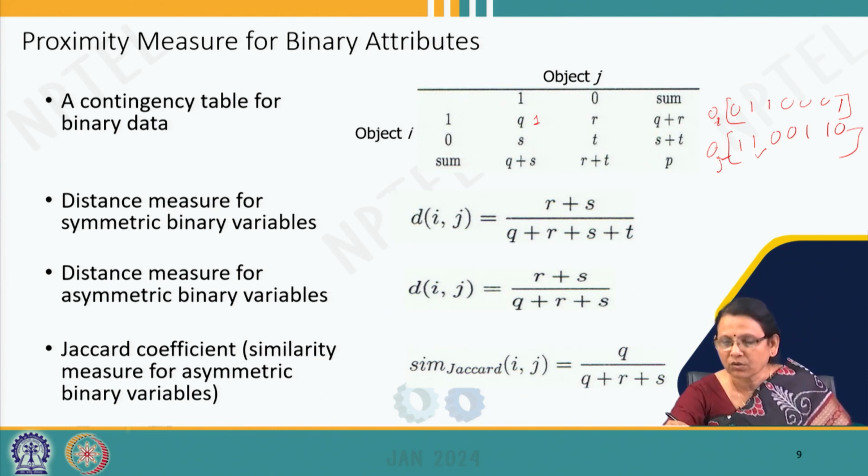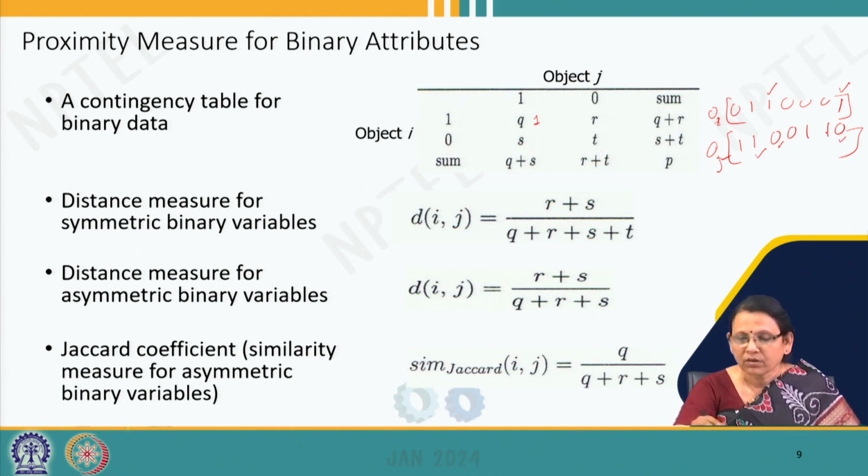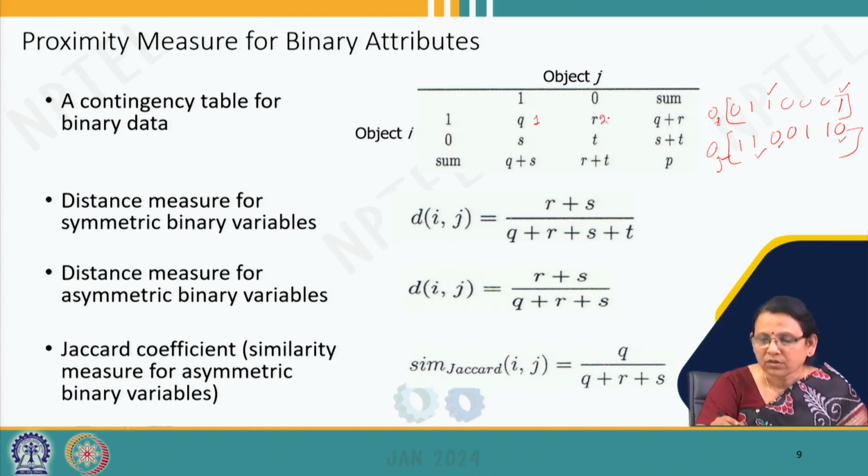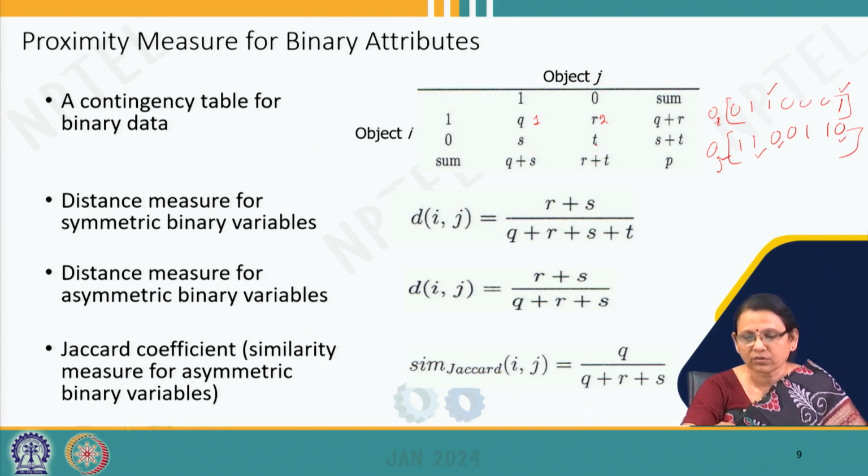Object I has given 1 and object J has given 0. So, how many such values? You have 2 such values. Similarly, you can find out wherever this person has given 0, the other person has given 1.